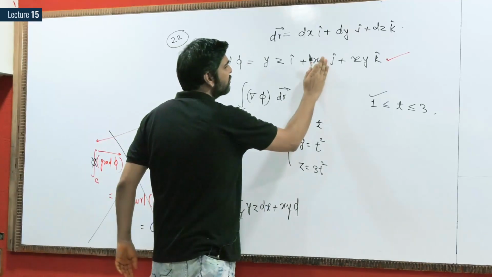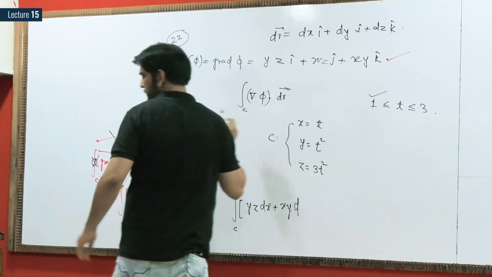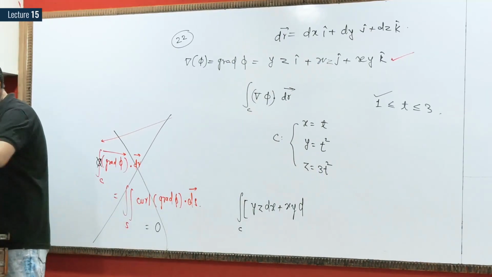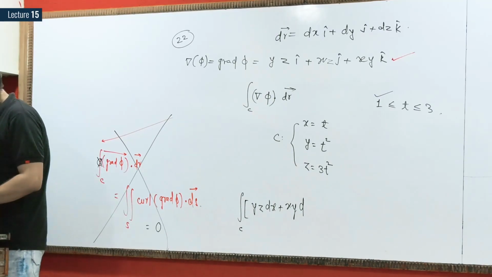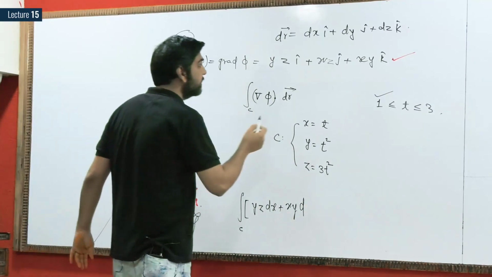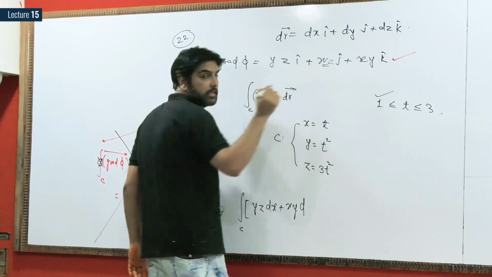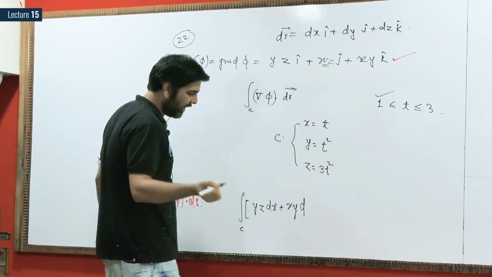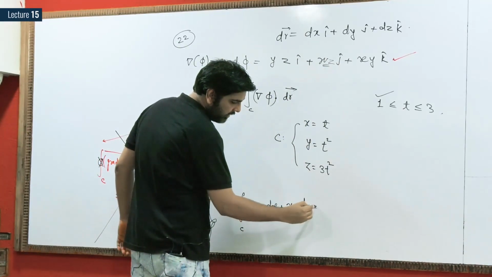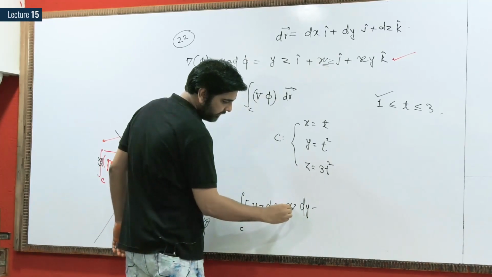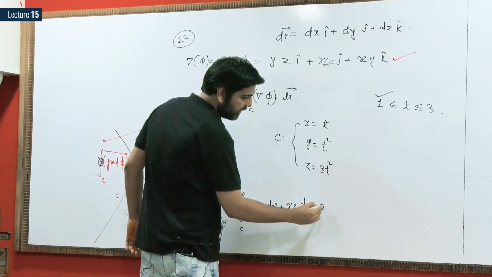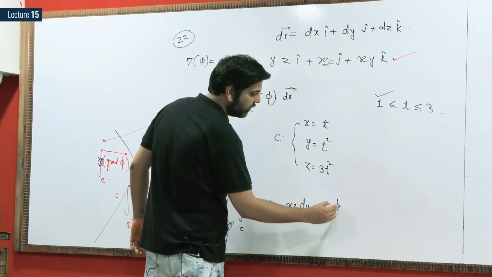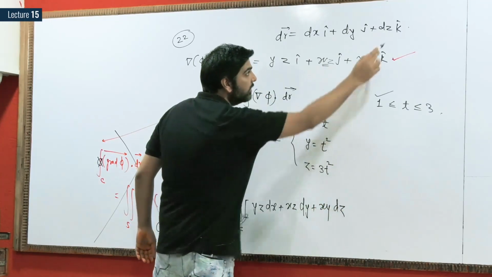This is not xy, this should be xz most probably. Let me check. This is the question, and xz, yes, xz. So this is a pen error, here it is xz, please write down xz. Here you have a booklet also. So this is xz dy plus xy dz.